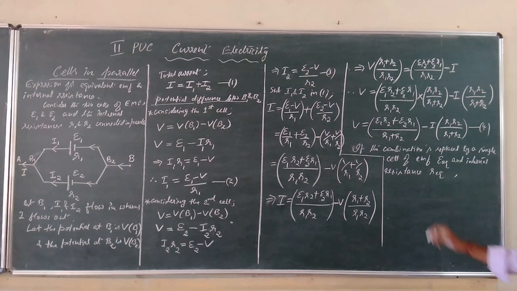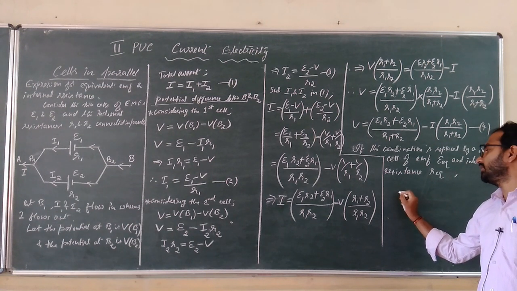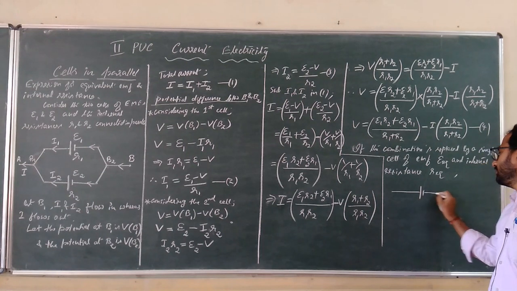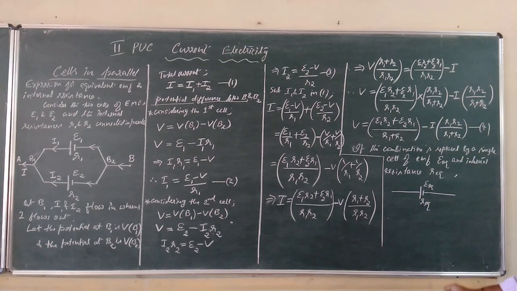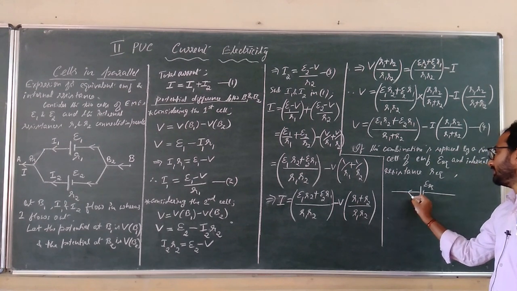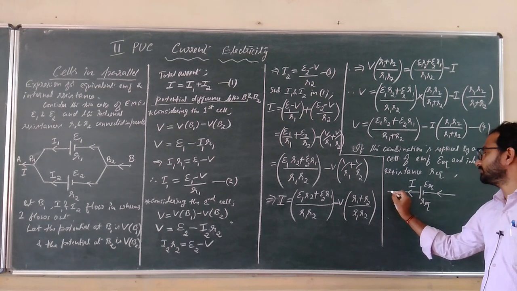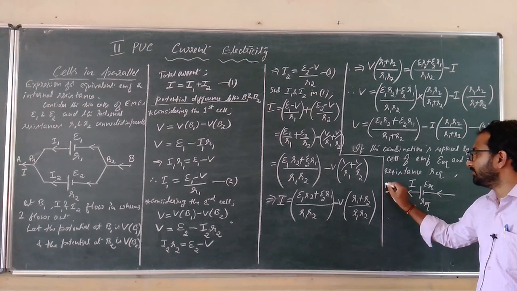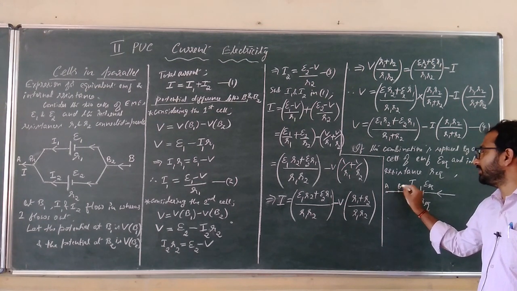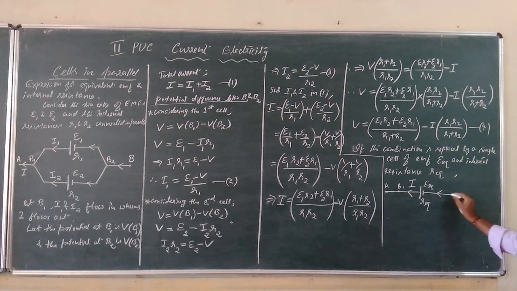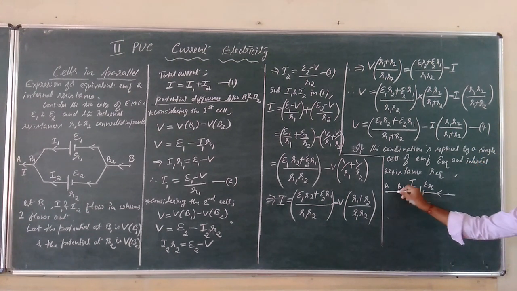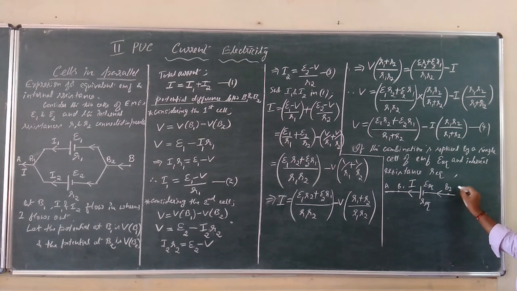So then that combination is successfully replaced by this single cell of EMF E equivalent and internal resistance R equivalent. This is the current supplied by the cell to the external circuit, right? So this point is now A, here it is V1, because across those 2 points we replaced that combination of cells by this single cell.